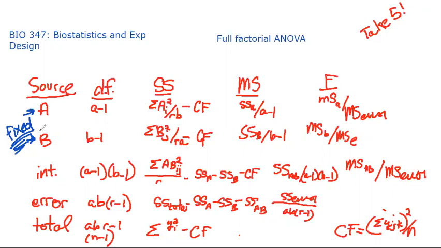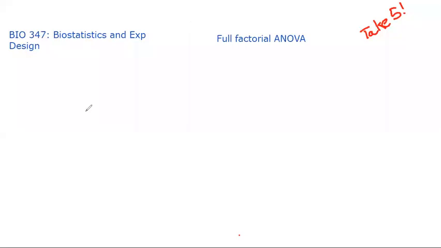Okay, let's pause, and what we'll do is we'll talk about interactions some more. Okay, let's talk about interactions for a minute. Remember that interactions are what happens when you have combinations of treatments.